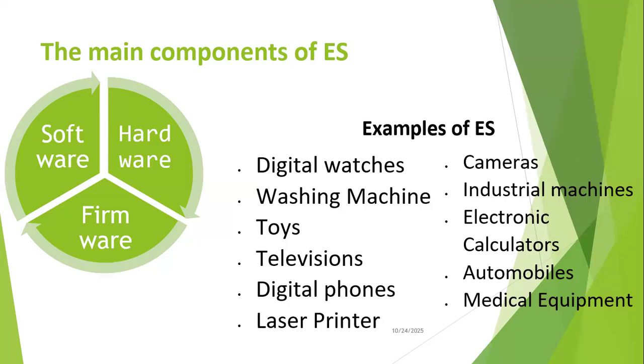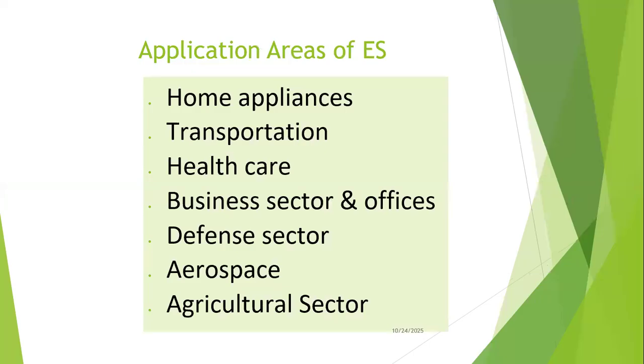So let's look now at the real application areas of embedded systems. If you look at home appliances, somebody can ask, how can an embedded system be applied in home appliances?